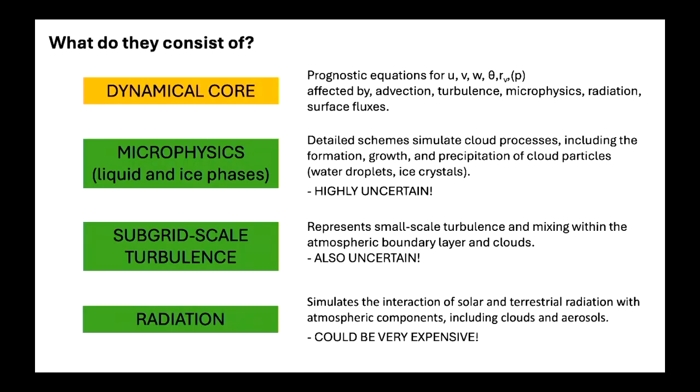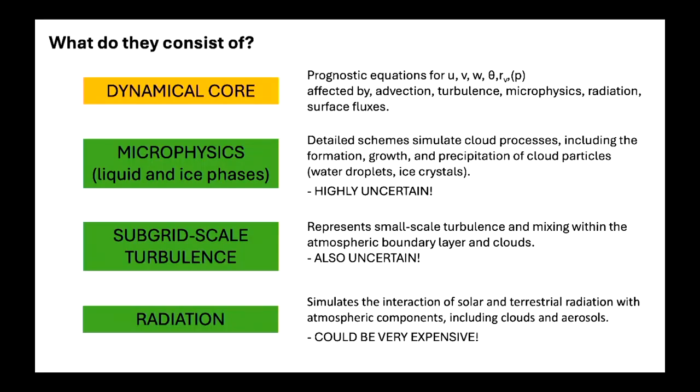Microphysics is designed to represent or simulate the effect of cloud processes, including the formation, growth, and the precipitation of the cloud particles. The microphysics representation in many of our cloud resolving models nowadays is still highly uncertain, I'll have to say.